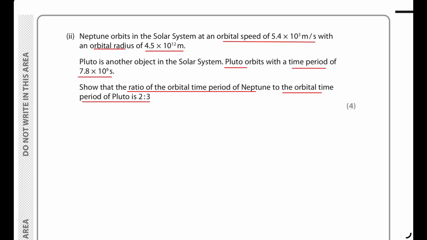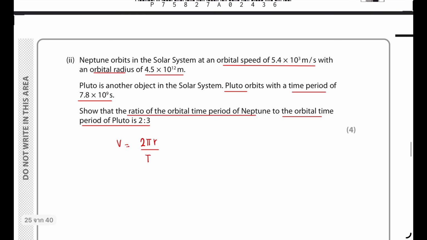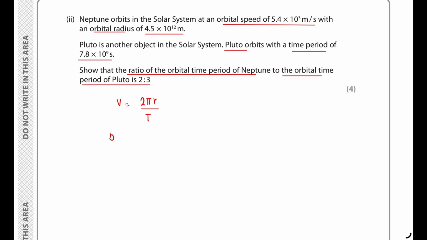to 3. So we have the orbital speed equal to 2 pi r divided by time period. So the orbital speed is 5.4 times 10 to the power of 3 equal to 2 times 3.14 times radius, which is 4.5 times 10 to the power of 12, divided by time period.